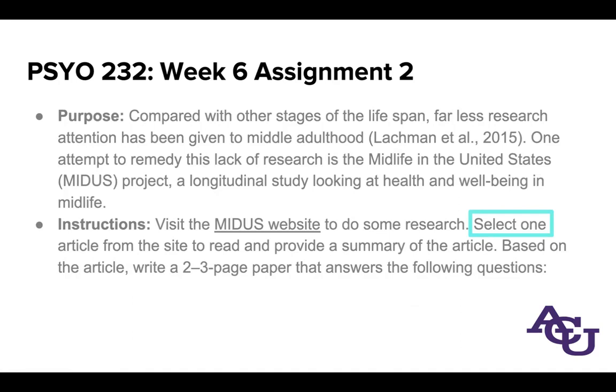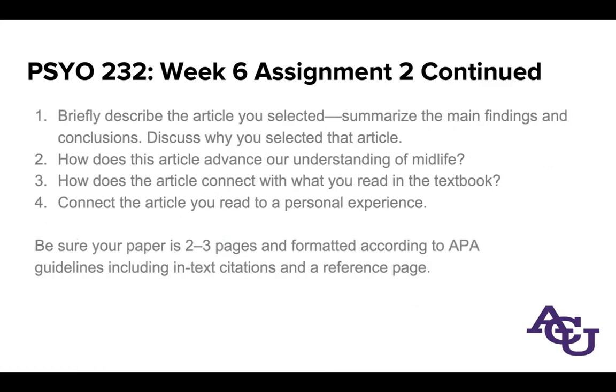Select one article. Make sure we choose one and make sure it's from this website. We need to read it, right? And we can apply all of those reading strategies in case we don't have much time, which I know is a common problem. Provide a summary. That's our main instruction of what we need to do.